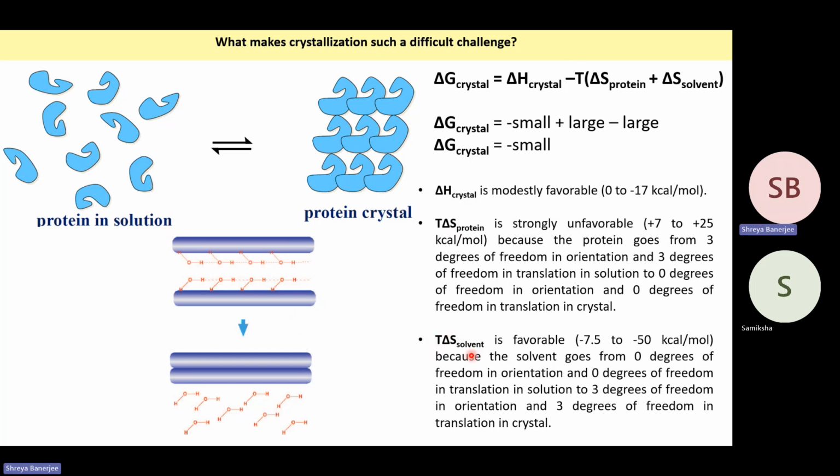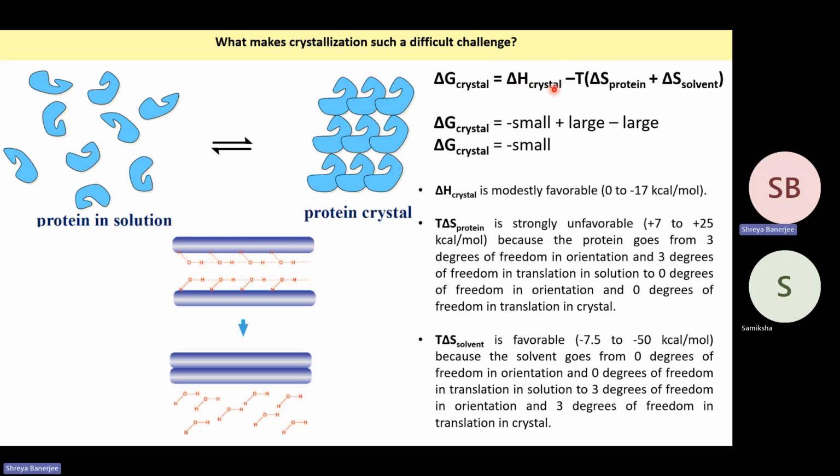And the T delta S solvent term is favorable because earlier the solvent was trapped between the protein molecules. Now the solvent is free, so the entropy of the solvent is increasing. So the T delta S term is positive and there is a negative sign outside, so this becomes a negative quantity.